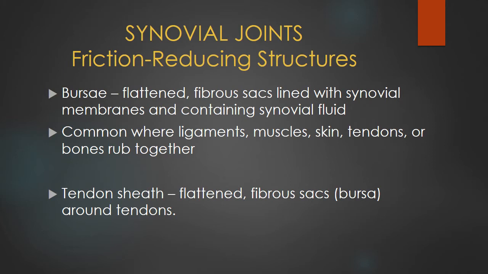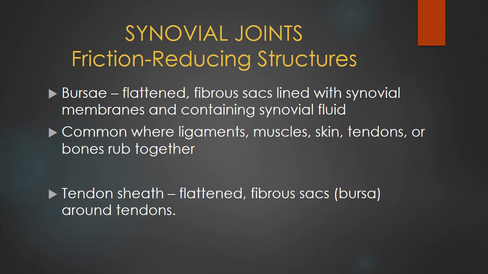Also, friction-reducing structures that become involved and become pathologic in degenerative joint disease and with injury conditions include tendon sheaths. Now, think of a tendon sheath as simply a bursa sac surrounding tendons.